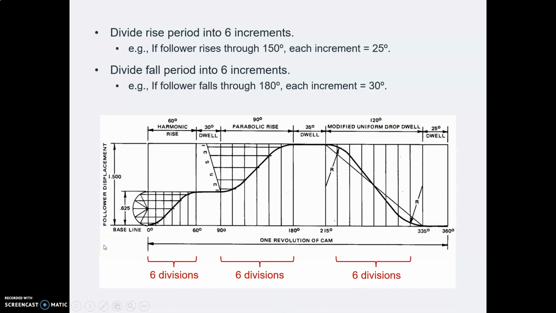You could divide it into more increments if you wanted to, and the more fine divisions you make, the more precise it will be, but you need at least 6. So if you have 60 degrees of rise, each one of those lines will be 10 degrees. If you had 180 degrees of rise, each one of those lines would be 30 degrees, and so forth.